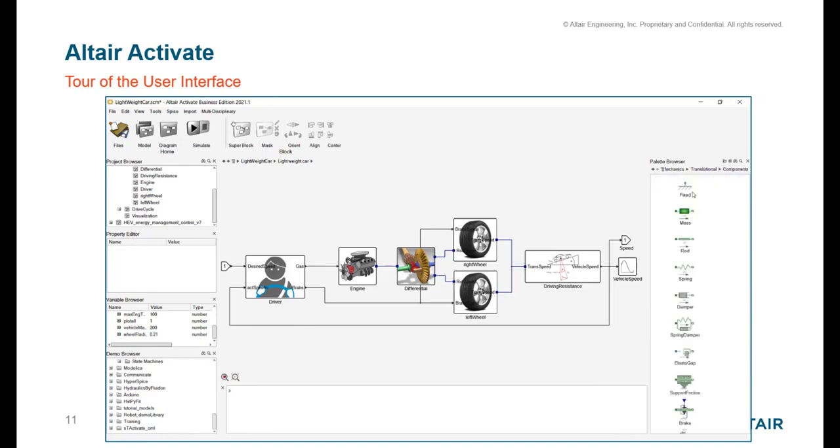And so I'll just pull in a couple Modelica components as an example. This is a spring and damper. And then you can connect things like the spring and damper to a mass for defining a mass that is acting on that spring and damper.